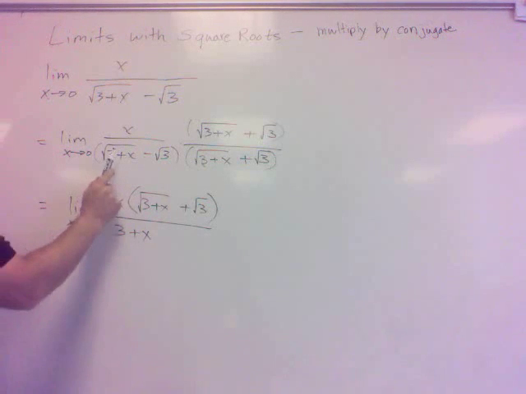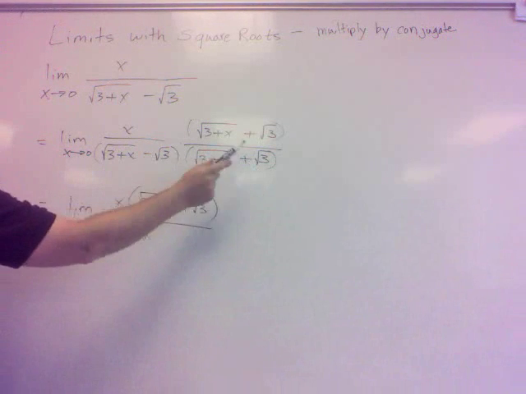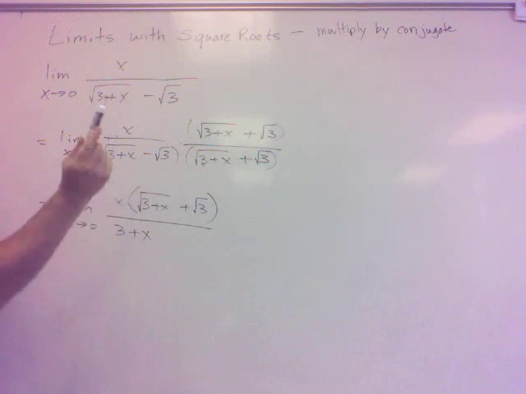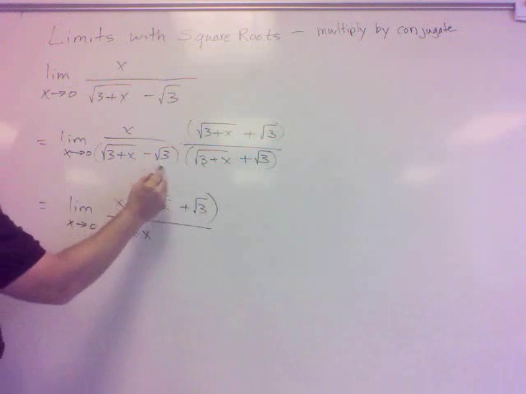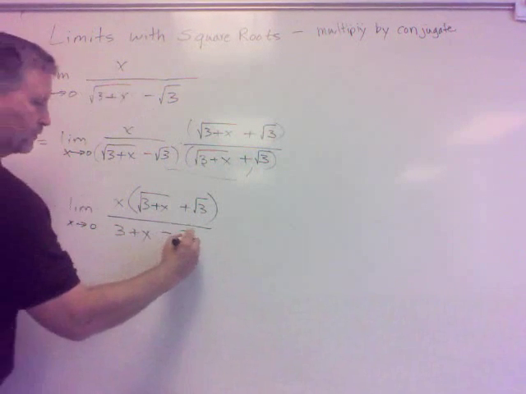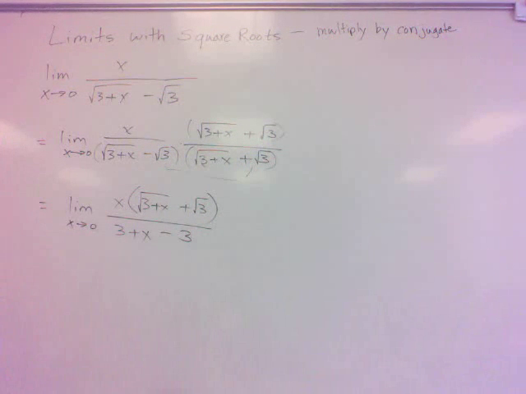Then in the middle, we'll have the square root of 3 plus x times the square root of 3, but then we'll have minus that very same thing, minus 3. So those go out. Don't need to write that. Then I'll have, last but not least, square root of 3 times minus square root of 3. What is that going to give you? Minus square root of 9, which is minus 3. You with me on that? Bottom is 3 plus x minus 3.